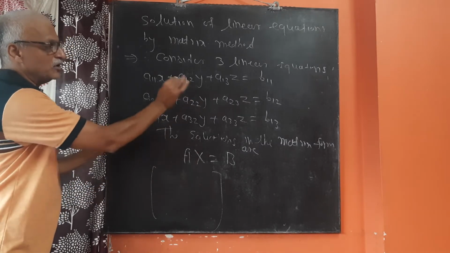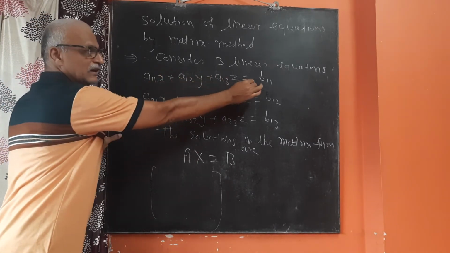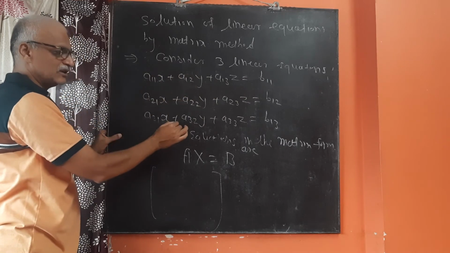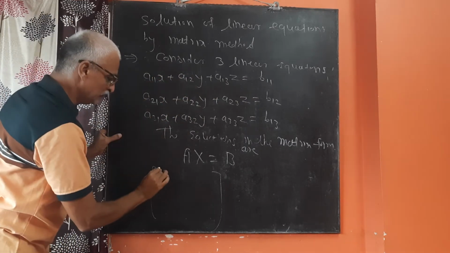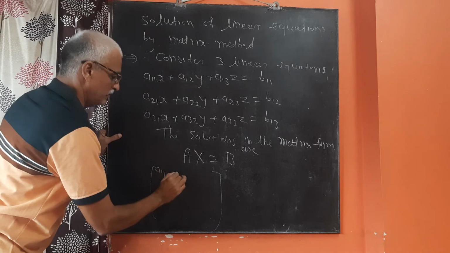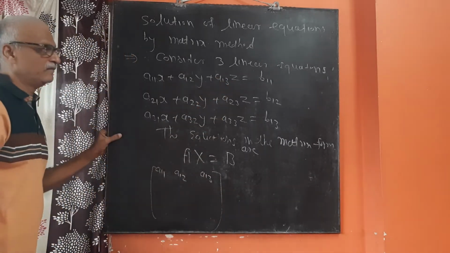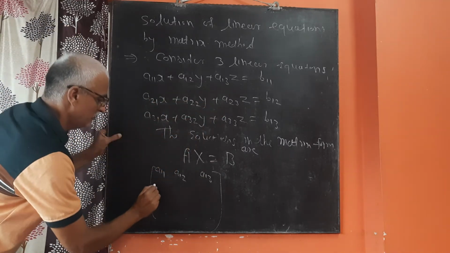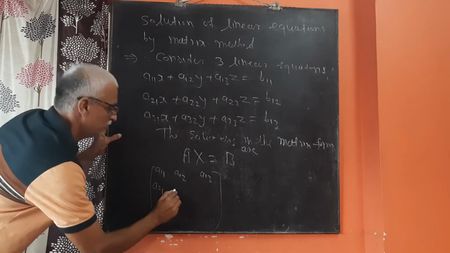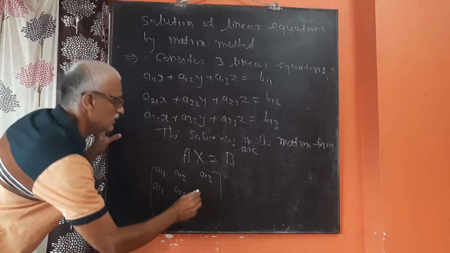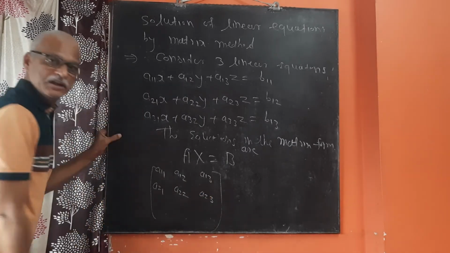So let us write down the matrices. A means coefficients of x, y, z from the first equation, second equation and third equation. So this will be a11, a12, a13. From the second equation, a21, a22, a23.